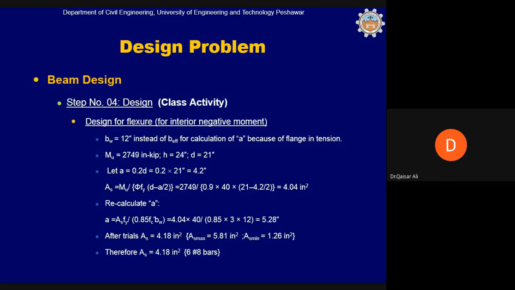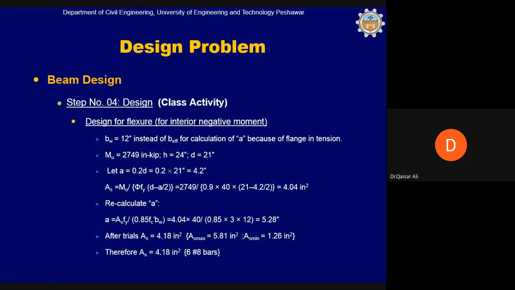You know that concrete is weak in tension, and that part will get cracked, and we need to place reinforcement in the upper part in the case of negative bending moment. The compressive force in the bottom part will be within the web width, which is the beam width, BW. So for negative bending moment, we do not calculate B effective. For positive bending moment, we calculate B effective for this reason.